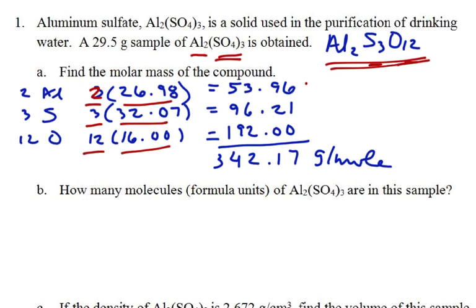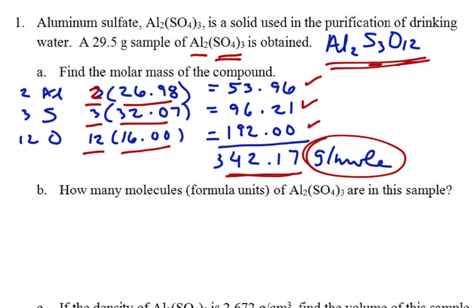So I did do this part correctly. So that's 2 times 26, that's 3 times 32, and 12 times 16. So altogether it's 342.17 grams per mole. So there are 342 grams of aluminum sulfate in 1 mole of aluminum sulfate.